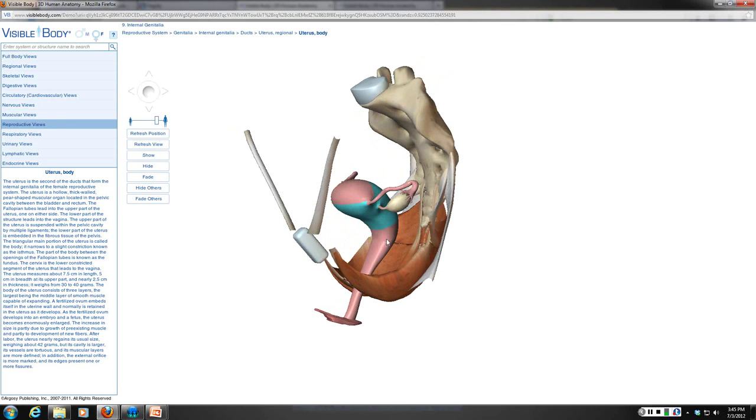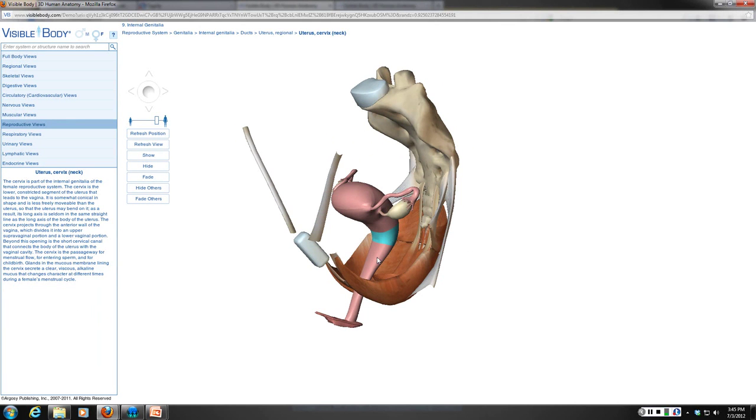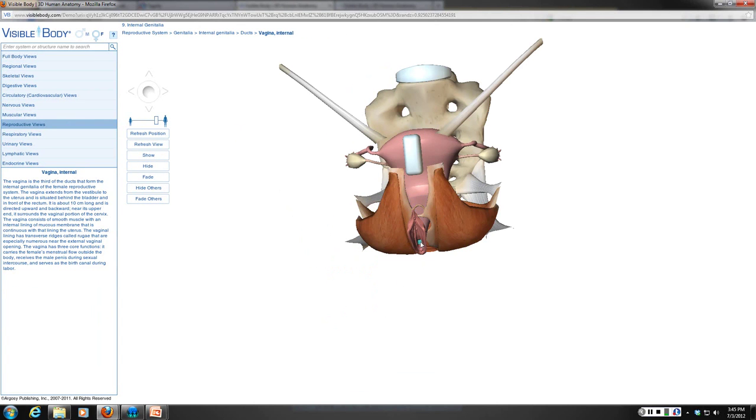Would pass from there into the cervix. And then if the egg is being released, because it was not fertilized and it's passing out during the menstrual cycle, of course, then it's going to move down into the vagina. There's the vagina. And then, of course, here's the opening to the vagina right there, your vaginal orifice.